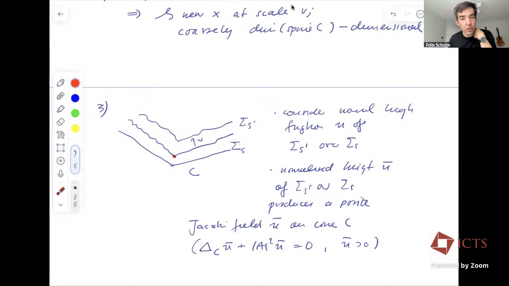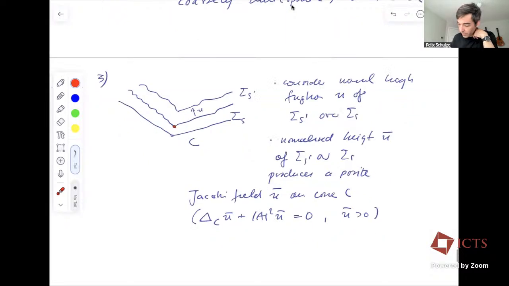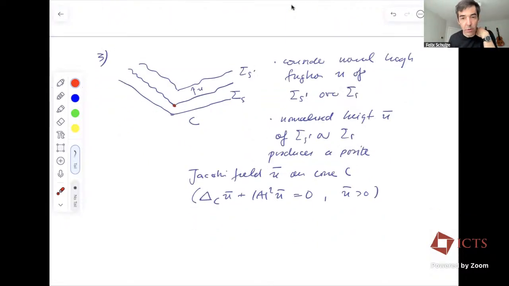So to first order, we linearize the problem. To understand how these two leaves behave towards each other, we can look at how Jacobi fields on these cones behave. You can think of this as linearizing the problem. Both these surfaces are modeled on this cone, are close to a cone.